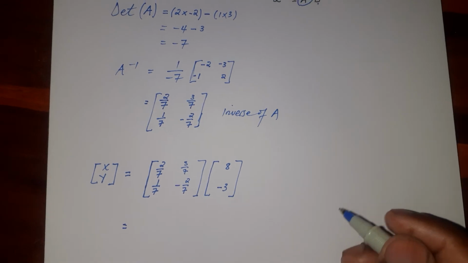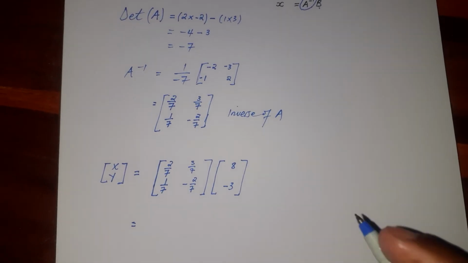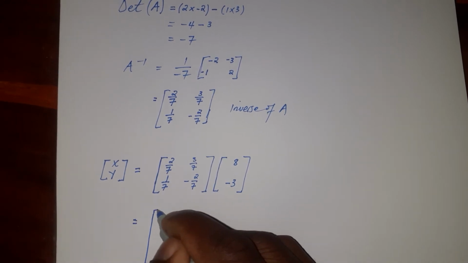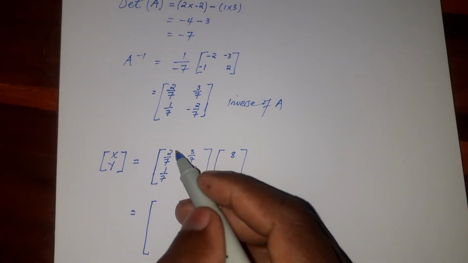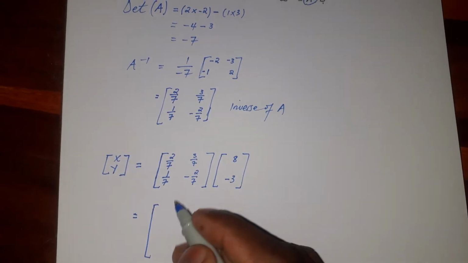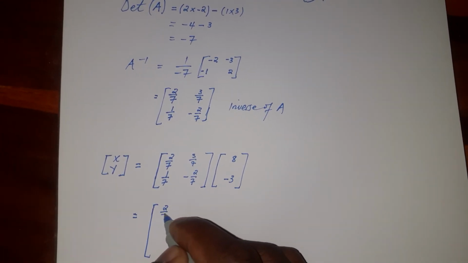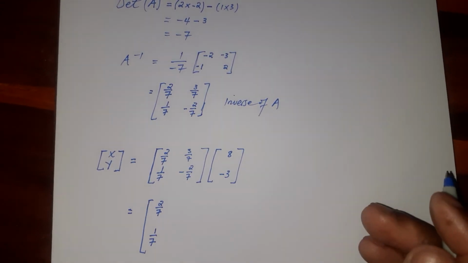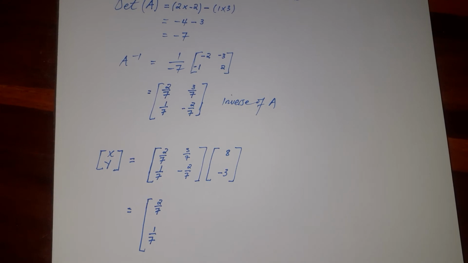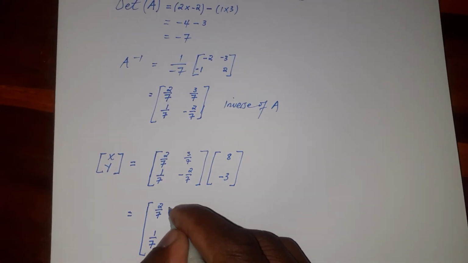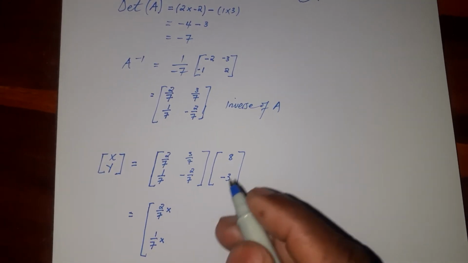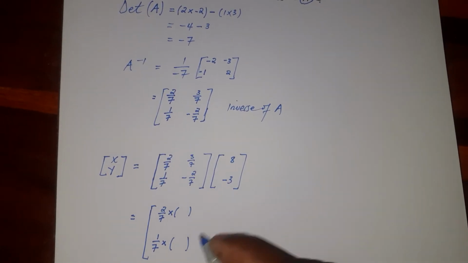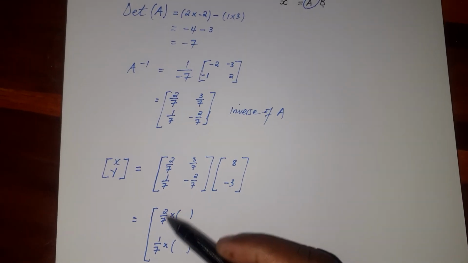Now to multiply those two, first, you can write your square bracket like that. Rewrite this column first. 2 over 7 and also 1 over 7. Now after that, we multiply this by the first column.